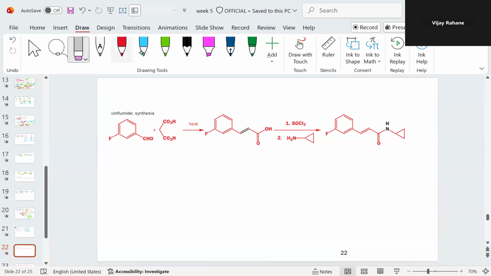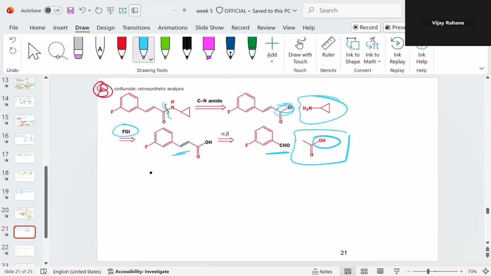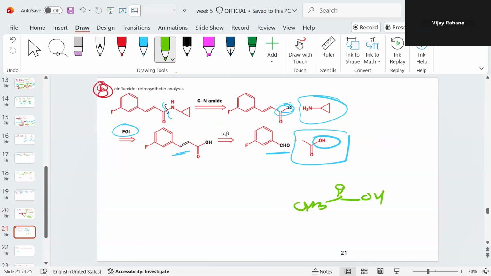Because in place of directly using acetic acid, as we saw earlier, that was the starting CH3 C double bond O OH, and if you add the base to abstract this CH2 proton, because we need to abstract the proton first and then attack on the aldehyde, right?